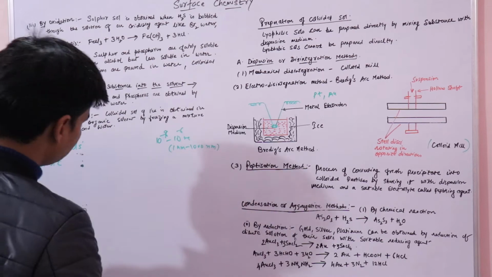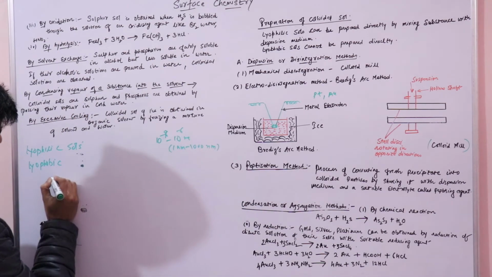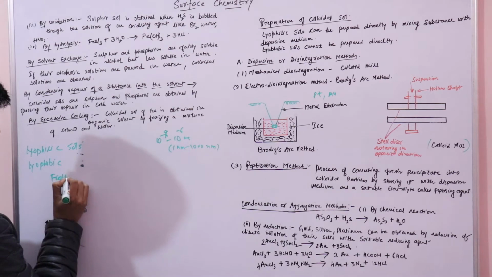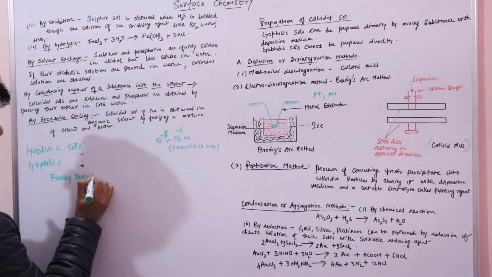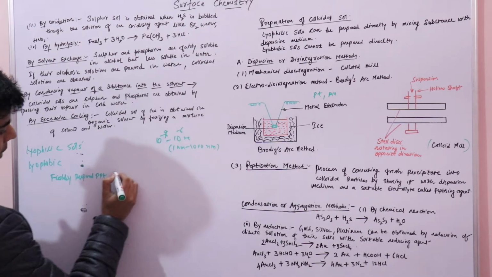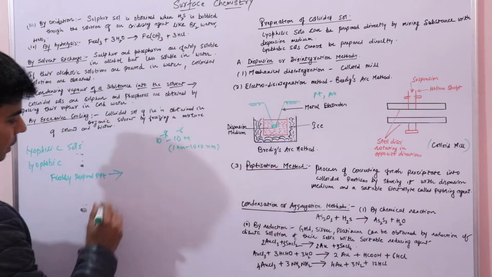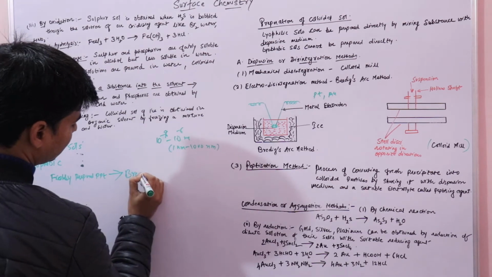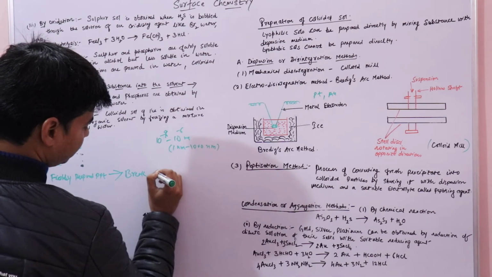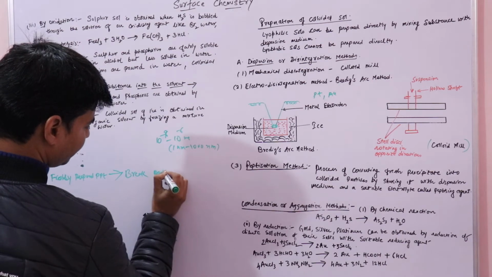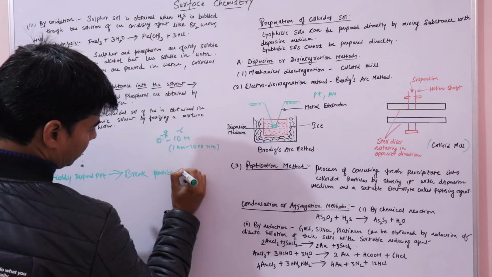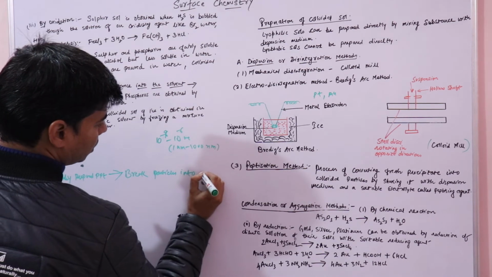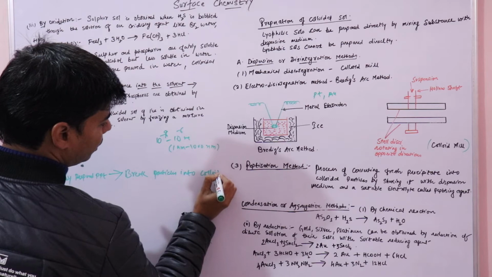So in this peptization method, we take freshly prepared precipitate, right? Then we will employ a method to break these particles of precipitate into colloidal range.